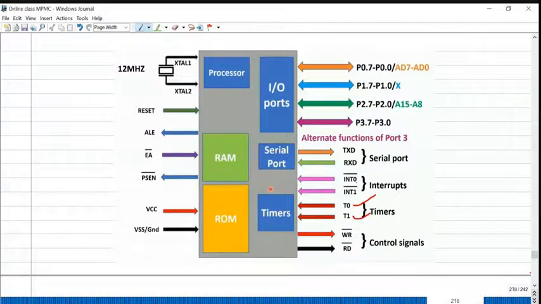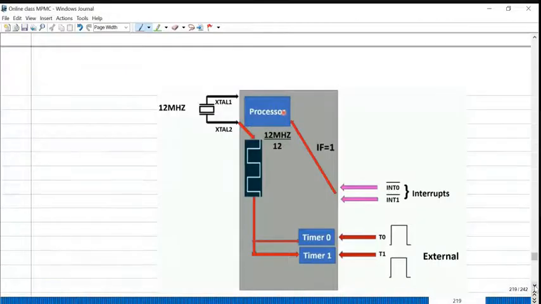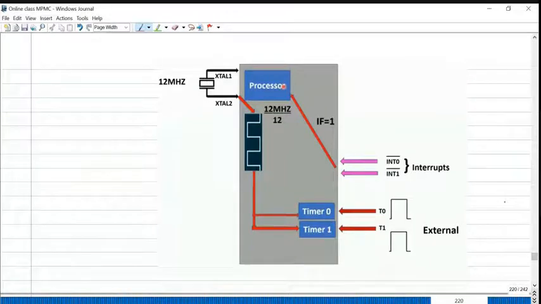Apart from these, there are two external interrupts, INT0 and INT1. I'll remove all other pins. These 4 pins are very important: timer 0, timer 1, INT 0, INT 1. I'll tell you later why INT 0 and INT 1 are related to this timer operation. We will discuss it later.